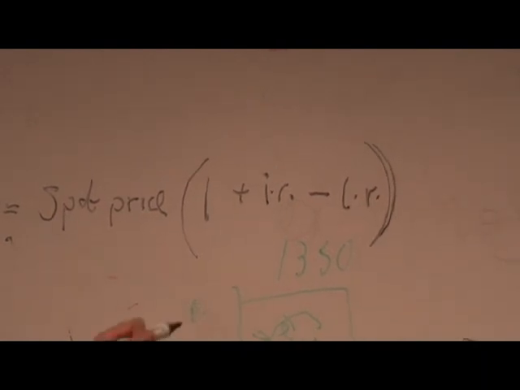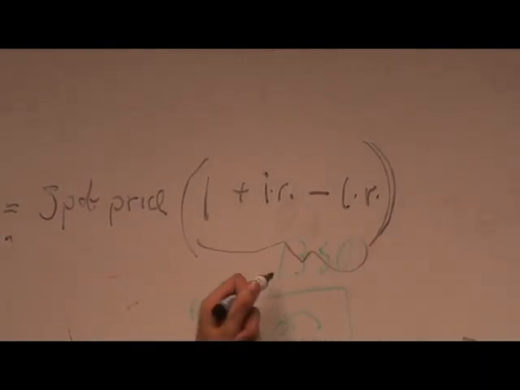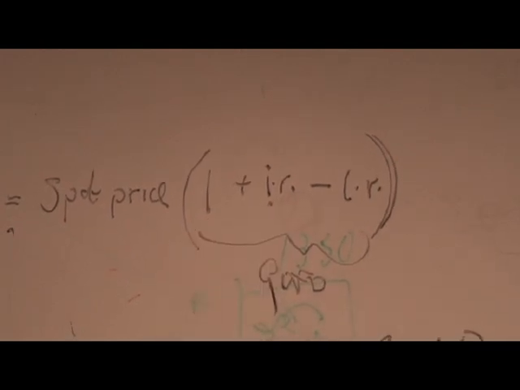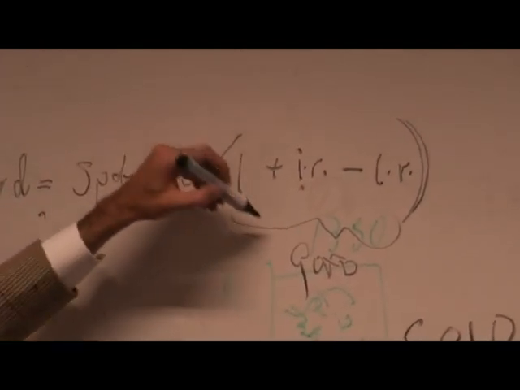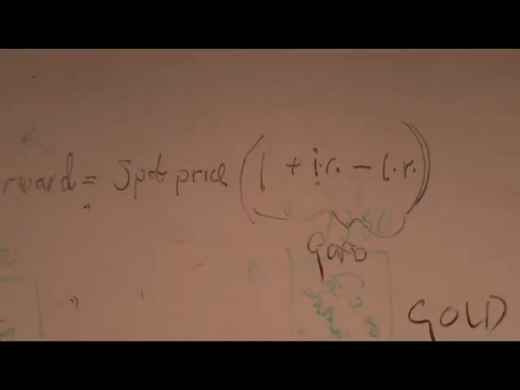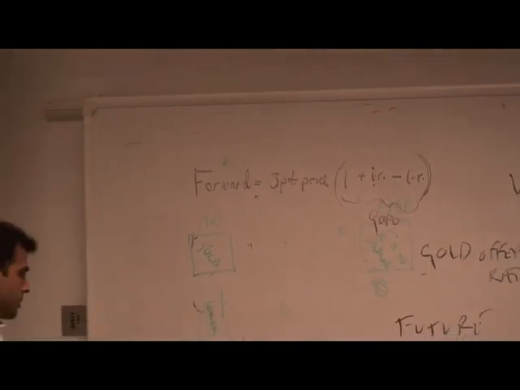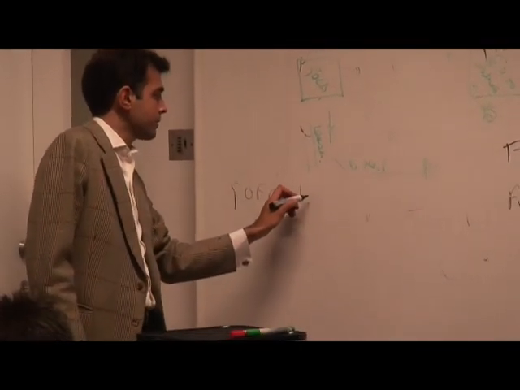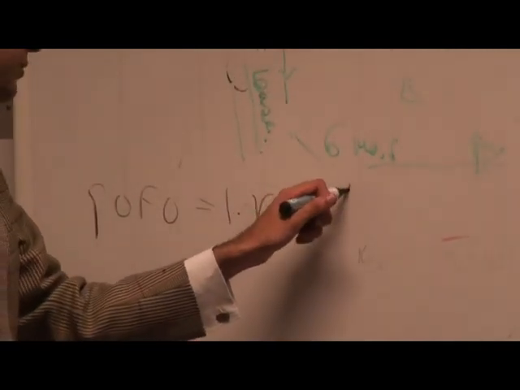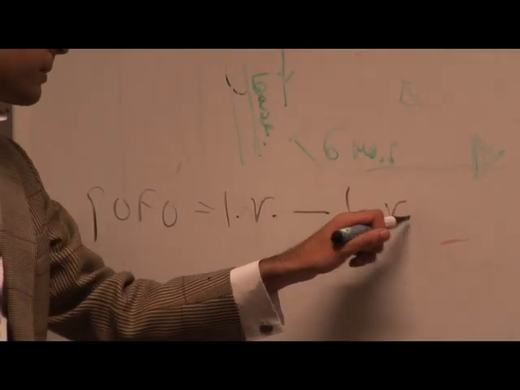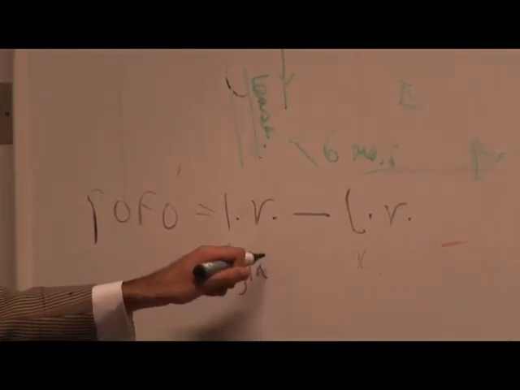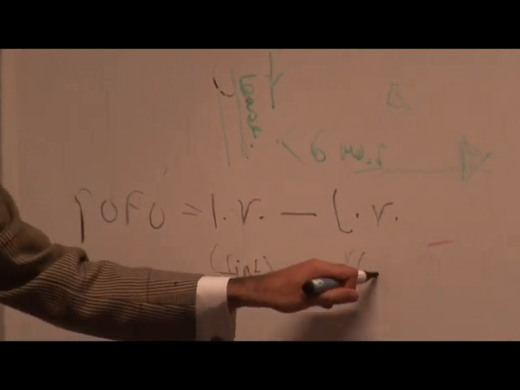And essentially, that's your GOFO. So, sorry, it's up to here. So you've got GOFO is equal to the interest rate minus the lease rate. And this is the fiat interest rate, obviously. And that's the gold.